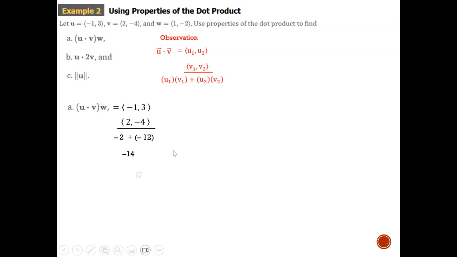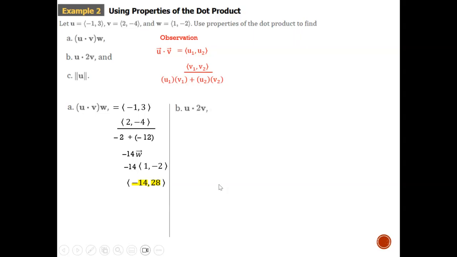Now we bring vector w in, because u dot product v gave us -14. Now -14 becomes a scalar, and I'm going to multiply the scalar times vector w. There's vector w, which is 1, -2, and I'll just distribute. That will give us -14 and positive 28. So this is the solution for part A.